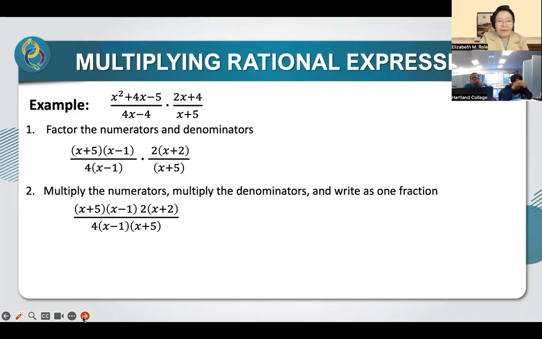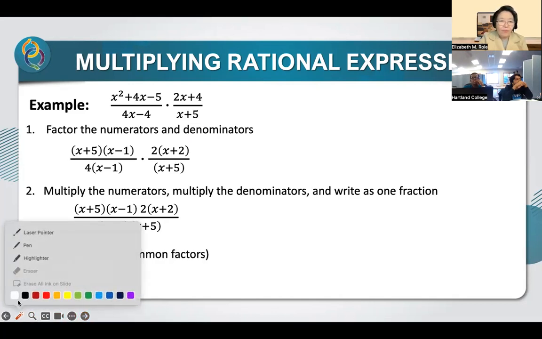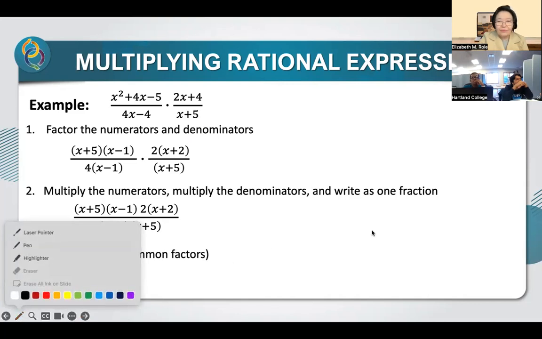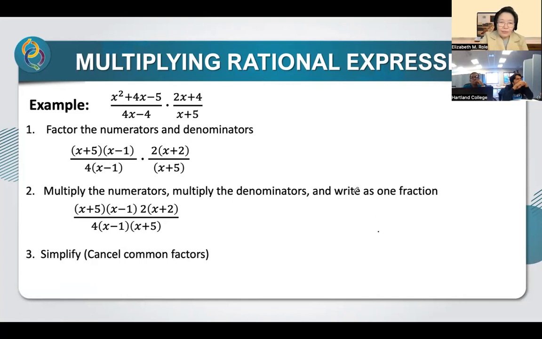After putting them in one fraction, we simplify by canceling the common factors. So we simplify or cancel common factors.